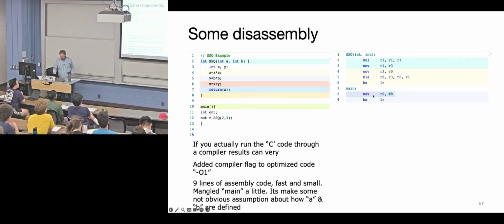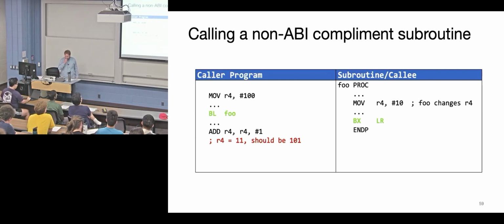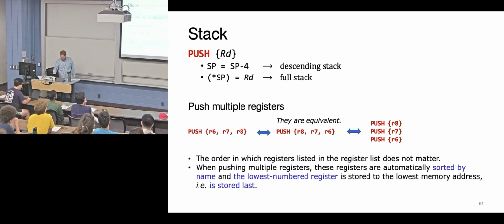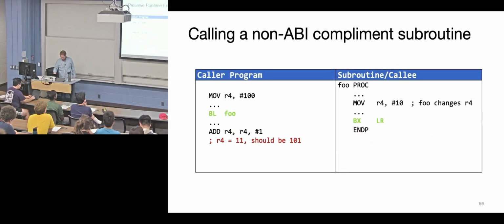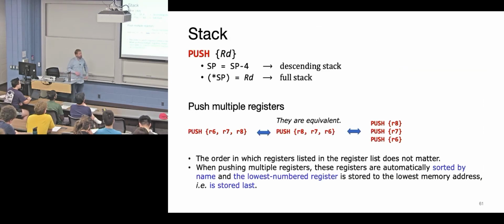All right, so let's look and see how we work with stacks. That was the issue, the non-ABI compliant routine. This is an example of an ABI compliant routine, a little bit out of order. How stacks work is that you have some register, and you're going to push that value up to the stack.